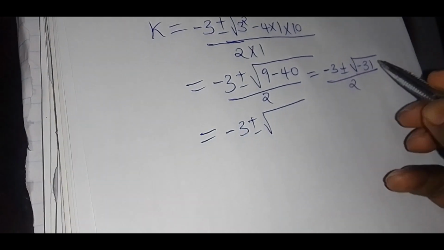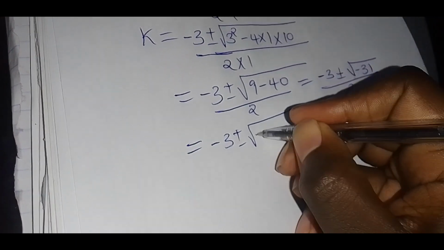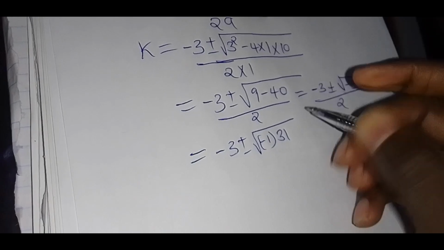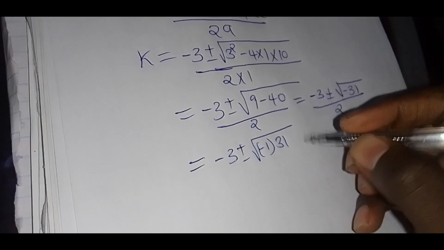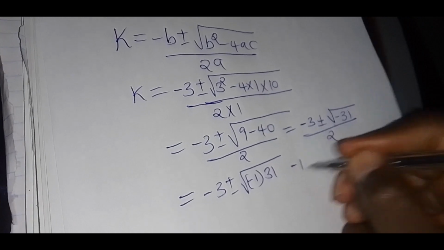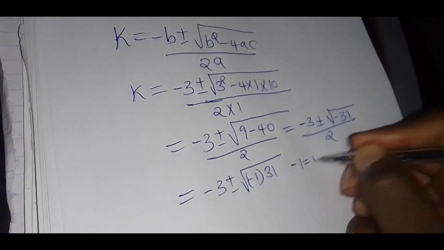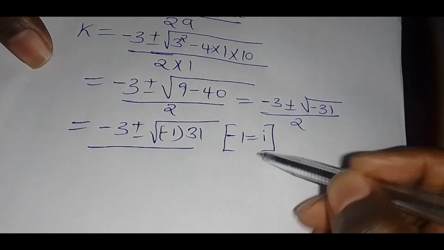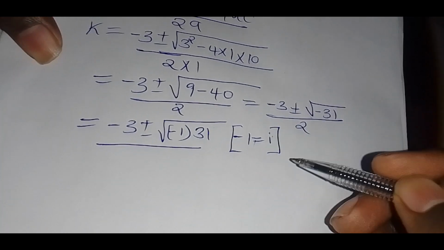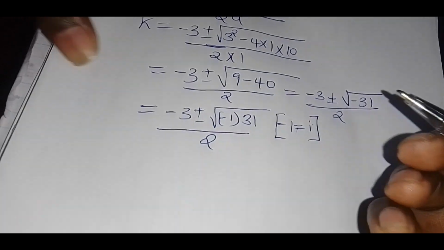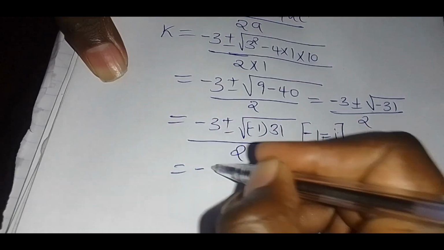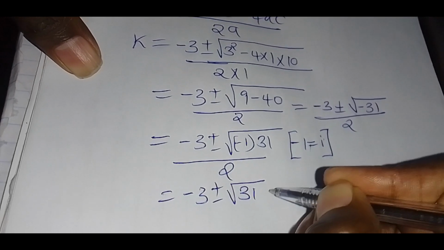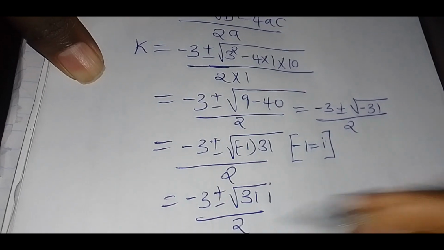Now remember this is negative 31, so we have minus 1 multiplying by 31, and according to the complex roots theorem, the square root of minus 1 is the same as i. Applying the complex identity, the square root of minus 1 is equal to i. Okay, this is all divided by 2. So we'll have minus 3 plus or minus the square root of 31 multiplying by i, divided by 2.